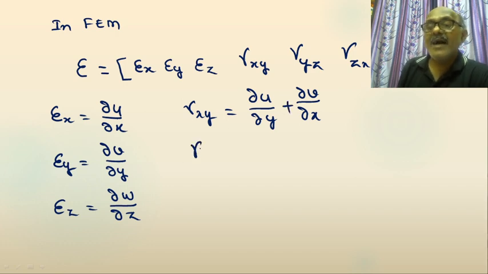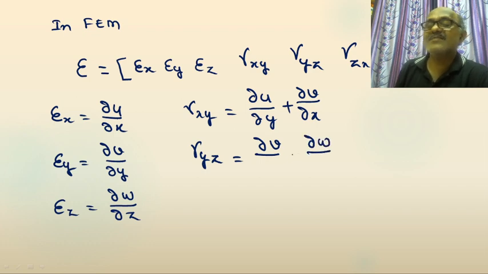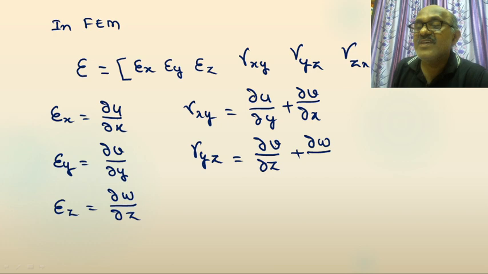Now gamma yz. Similarly, y direction displacement is v, z direction displacement is w, write down like this, put plus in between. This displacement is in the z direction, write down ∂z here. This displacement is in the y direction, write down ∂y here. Yes.